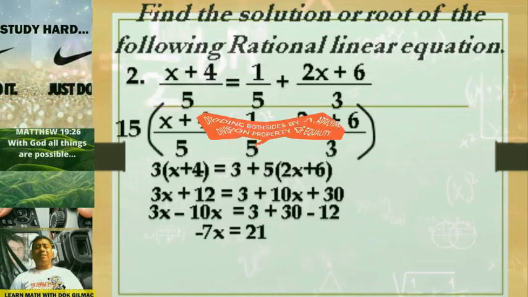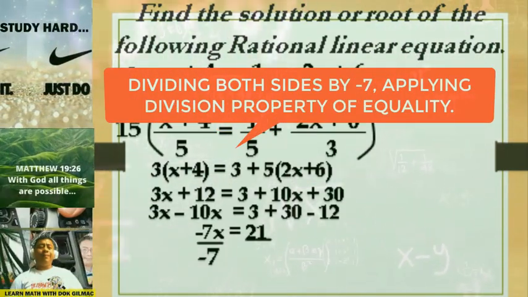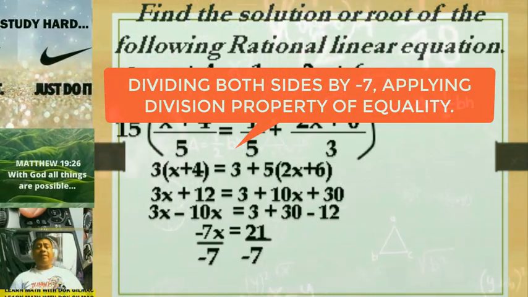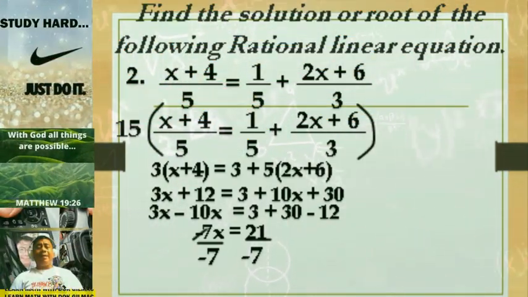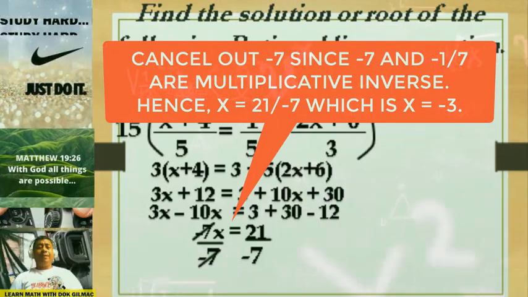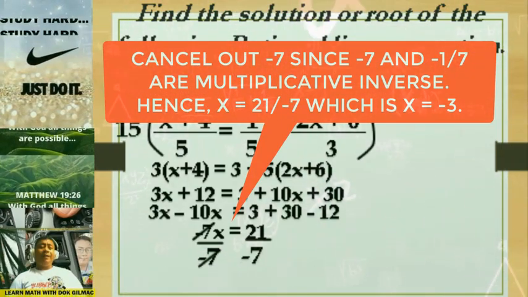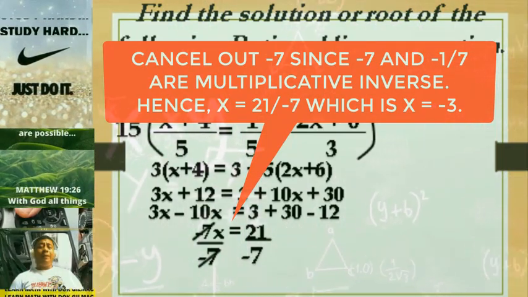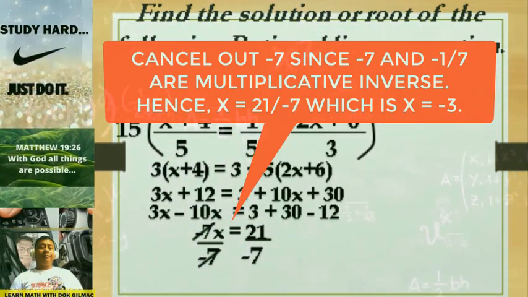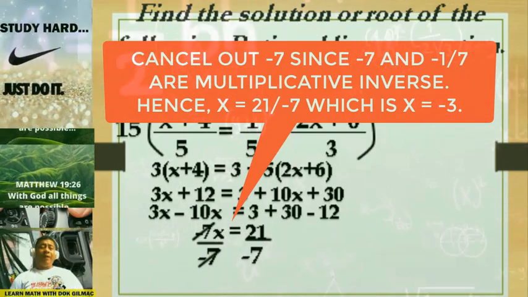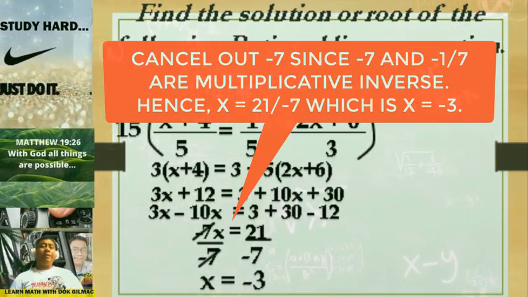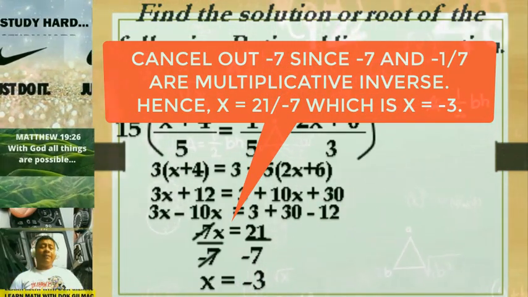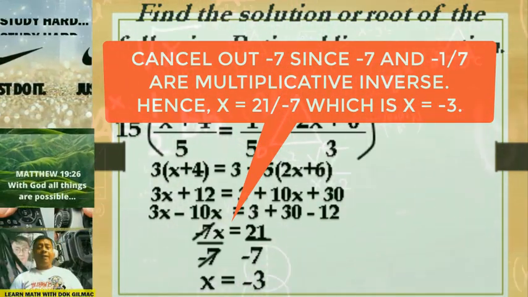Dividing both sides by negative 7, applying the division property of equality, you can just cancel negative 7, since negative 7 and negative 1 over 7 are multiplicative inverses. From here, we have x is equal to negative 3, since 21 divided by negative 7 is equal to negative 3.